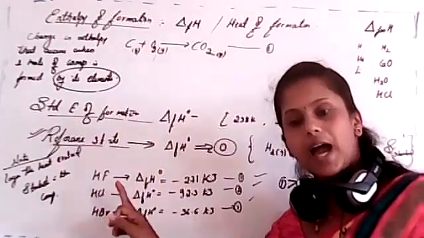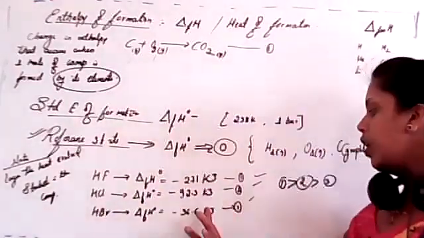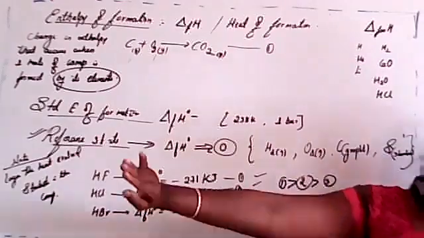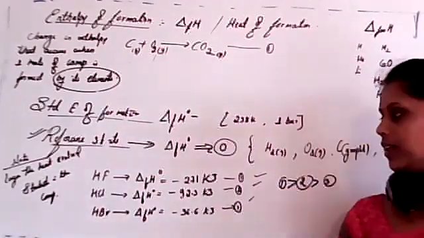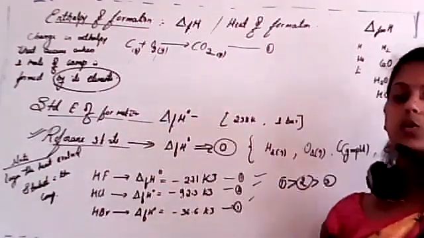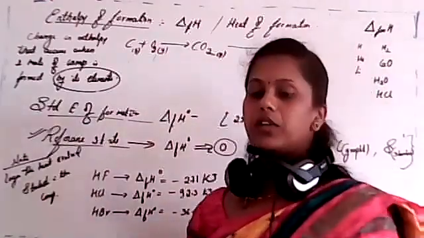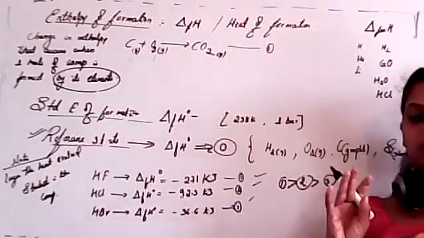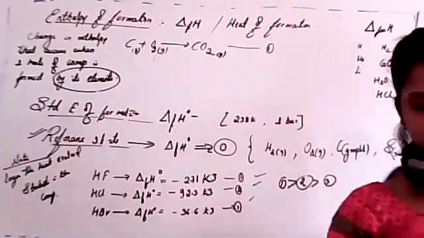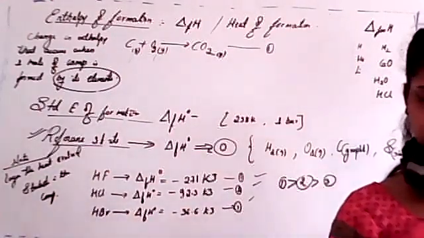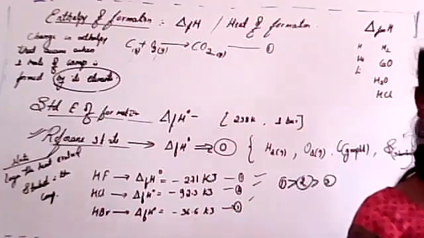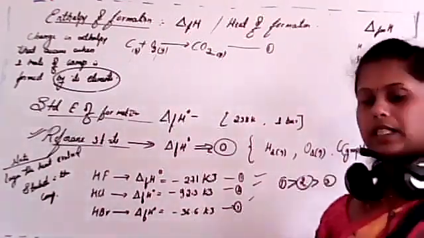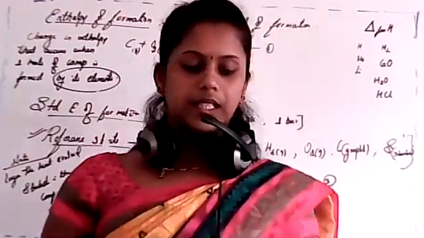Hydrogen reacts with Cl. Further, for HBr, hydrogen reacts with Br2, it gives only about 36.6 kilojoule of heat. In that case, HF is more stable. Remember, if the heat evolved is more, the compound is more stable. Is it clear, student?